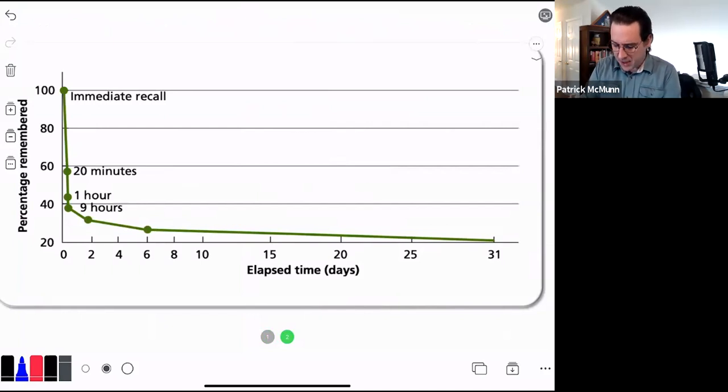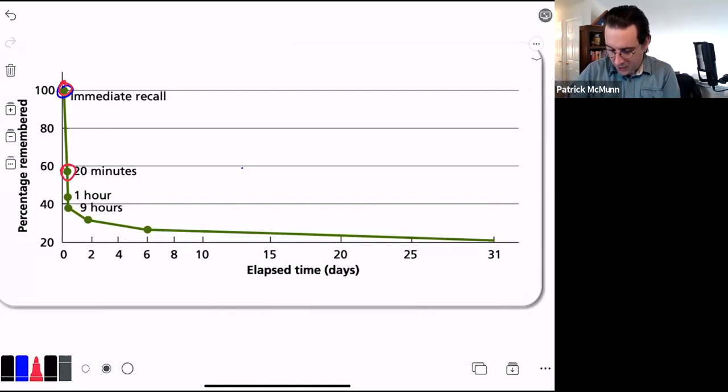Okay, so he gave his participants a task, a list of things to remember, and within a minute, most of his subjects were able to remember 100% of what he had presented to them, okay? After about 20 minutes, that went down to just above 50%.